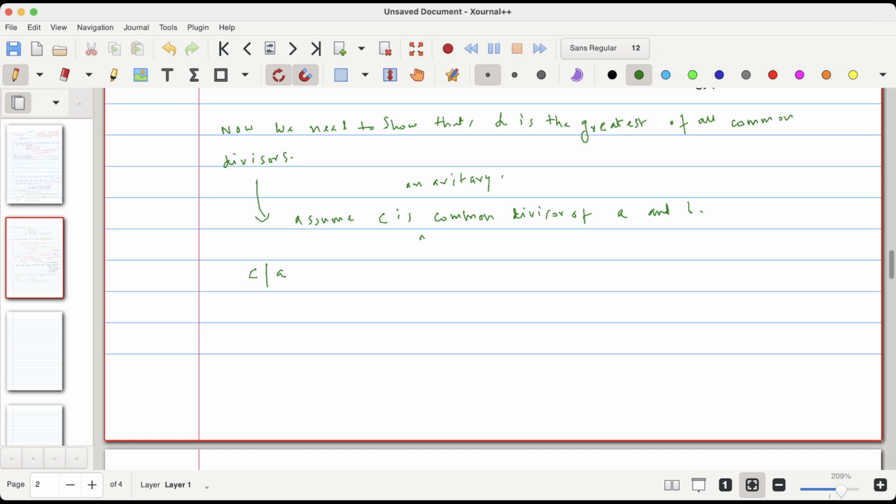It implies C divides A and C divides B. So if C divides A, then C divides AX for our X, and if C divides B, then C divides BY. These two together imply that C divides AX plus BY, which implies C divides D, because D was AX plus BY.